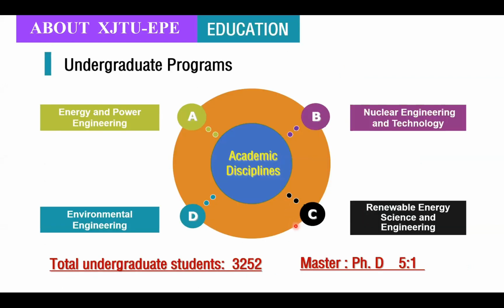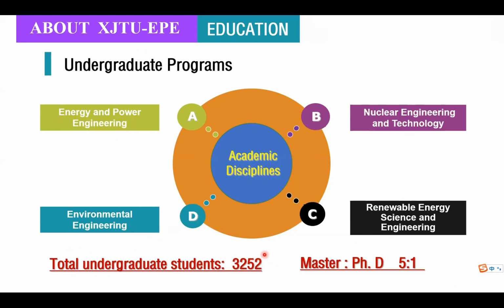And for your information, we have 4 disciplines. The major one is energy and power engineering, the second is nuclear engineering and technology, the third is renewable energy science and engineering, and also environmental engineering.